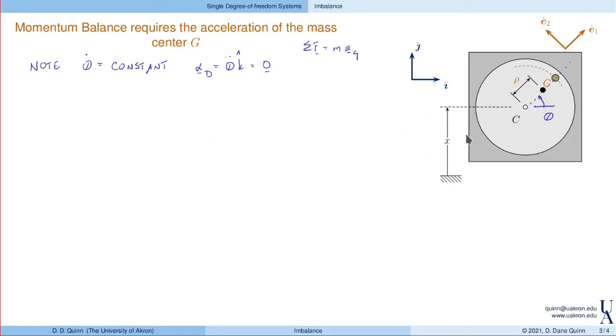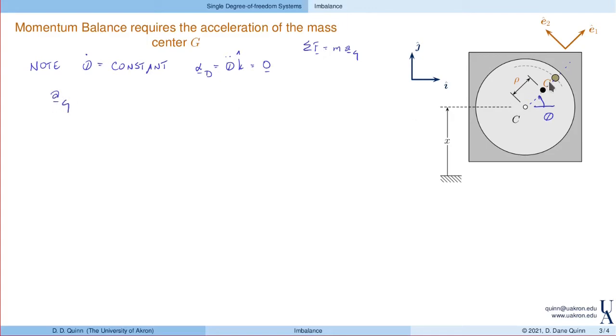Thinking back to kinematics that maybe you learned in dynamics, if I want to find the acceleration of a point on an object relative to another point, I have the following relationship.